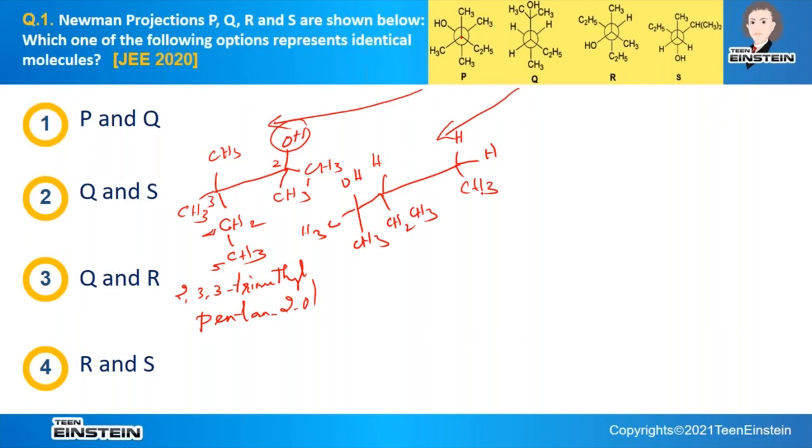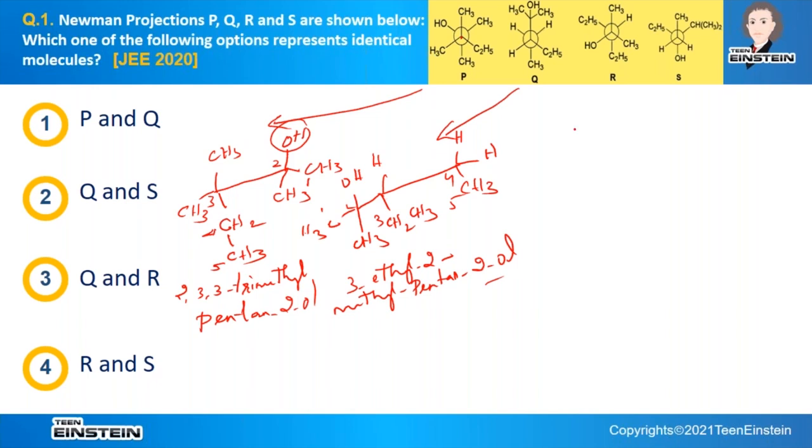The numbering starts from the longest chain containing the functional group: 1, 2, 3, 4, 5. So the IUPAC name of the structure is 3-ethylpentan-2-ol. The parent chain contains 5 carbons, so it is pentane, and the suffix 2-ol indicates the hydroxyl group present on the second carbon atom.